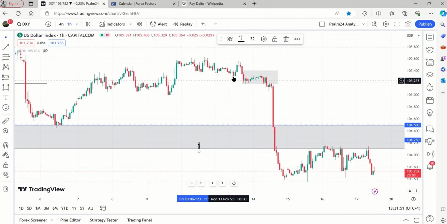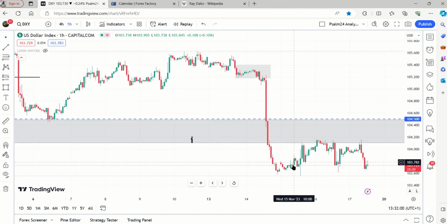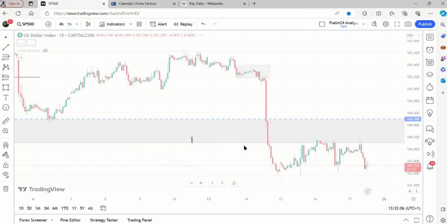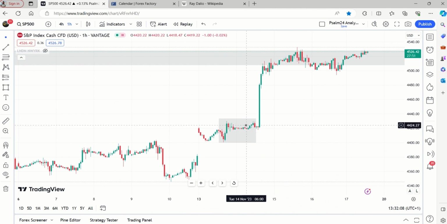For the US dollar, on that very day when the data was released, we saw a sharp drop in its value. And then we saw a rise in the S&P from here. If you check the date of the 15th, it rose.